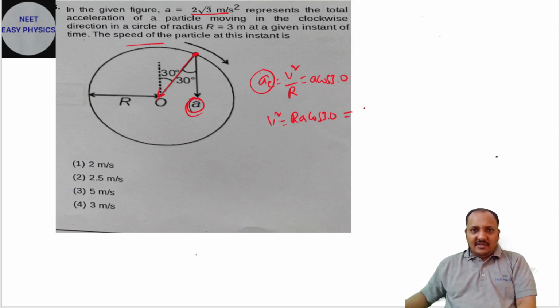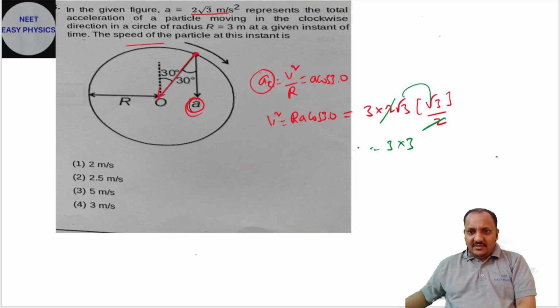The radius they gave is 3. The acceleration is 2 root 3, and cos 30 value is root 3 by 2. So if you cancel the 2s, 3 into 3. Root 3 into root 3 is 3. So this is V square. Then what is V? The velocity is going to be 3 meter per second. Correct? This is the answer.